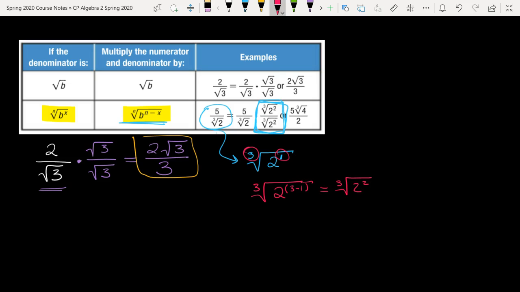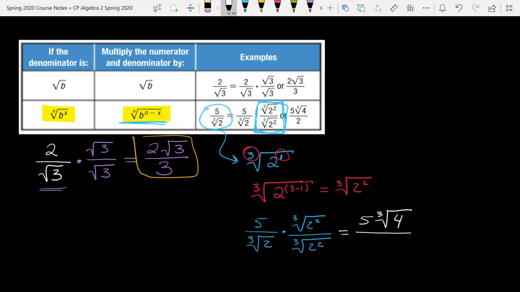So when we actually do this multiplication, what we end up with on the top is 5 times the cube root of 2 squared. Well, 2 squared is 4, so we can simplify that right away. But the cube root of 4 is not an integer, so this is as easy as we're going to get on this one.